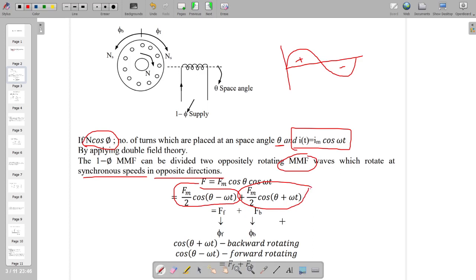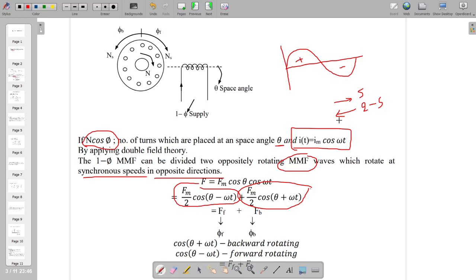Both of these magnetic fields rotate with the synchronous speed. Because of two fluxes, two slips are present. The first one is the forward slip and the second one is the backward slip. The forward slip is S, and the backward slip is 2 minus S. These slips define the direction of rotation of the rotor.